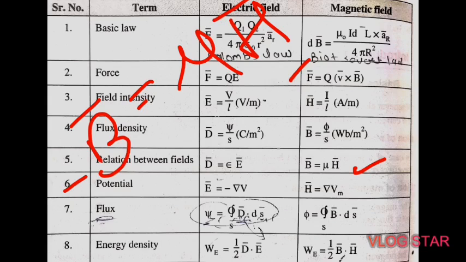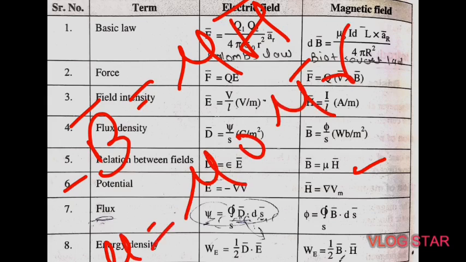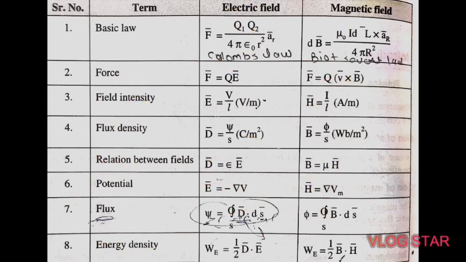Again this mu is mu 0 into mu r. The value of mu 0 is the permeability of free space, having value 4 pi into 10 raised to minus 7, and mu r is the relative permeability. The value of mu r for air is equal to 1. This is the constant value for air.